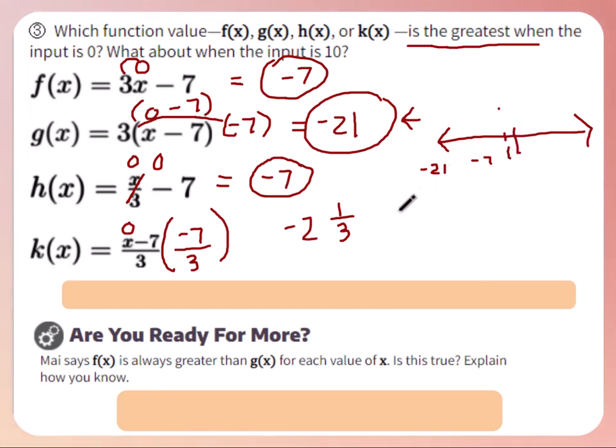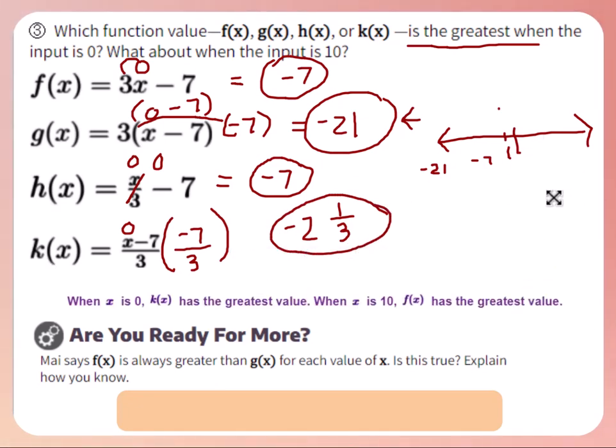So the larger value is going to be negative 2 1/3. All right, so we were correct. Function k of x has the greater value when the input is 0. I only did it when the input is 0.